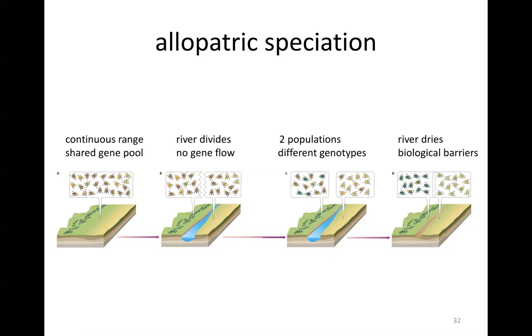You can have local adaptation, you will have new mutations appearing, you can also have selfish genetic elements that fix in either population, so that eventually, after some point, they have become different enough that even if they are brought together by environmental changes or by humans, they won't mate, they won't find each other attractive, or their offspring won't be viable or fertile.